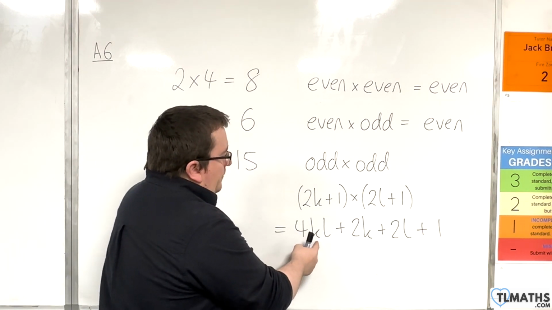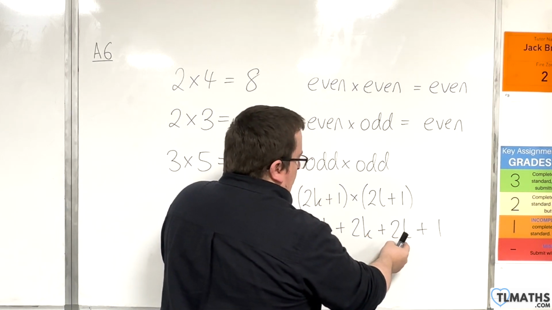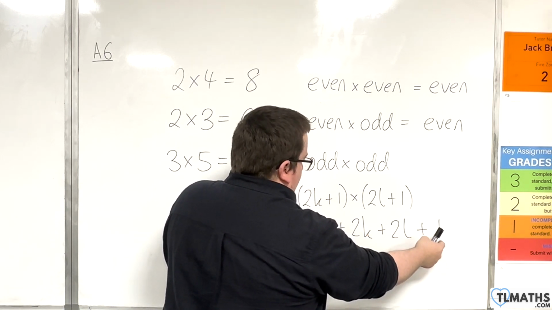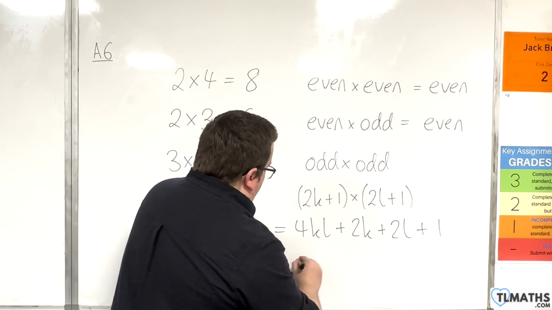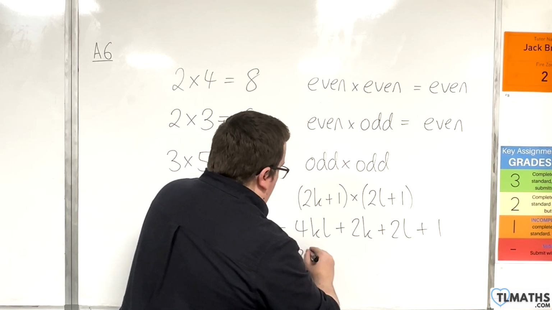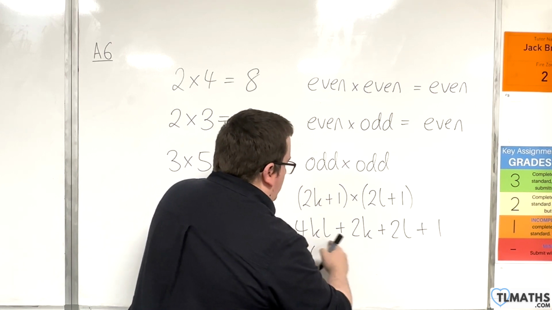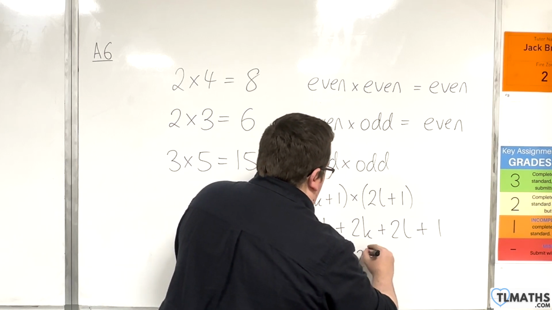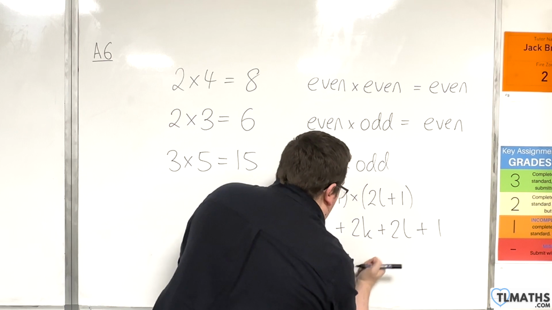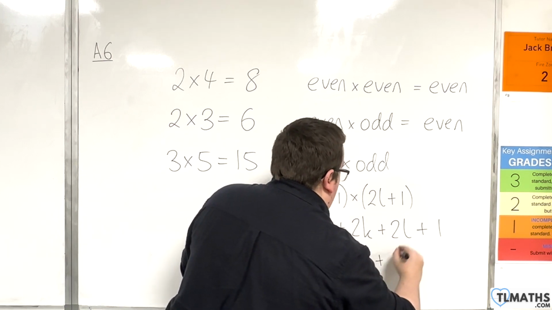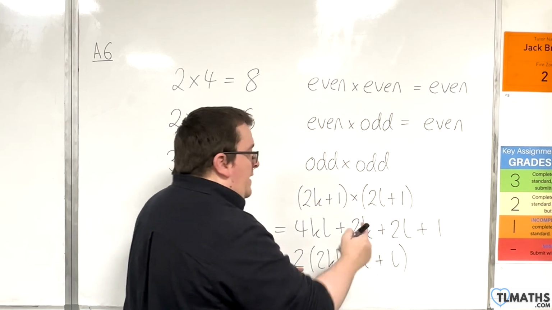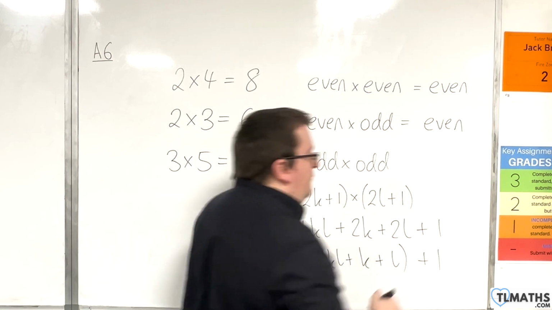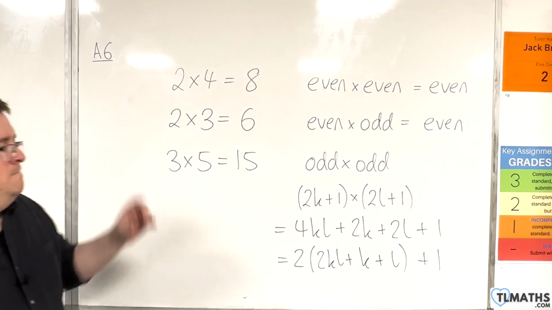Now, can you see that not all of these terms have a factor of 2? This one does, and this one does, but this one doesn't. So what I could do is write that as 2 lots of, and I could factor the 2 out of those 3 terms, so 2kl plus k plus l. And then you've got that plus 1 on the end that I couldn't factor the 2 out of.